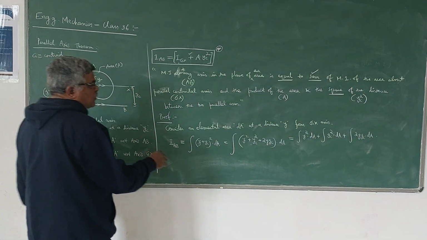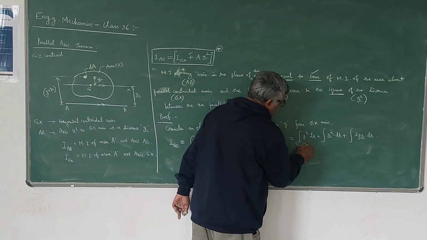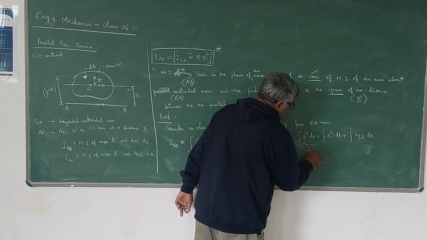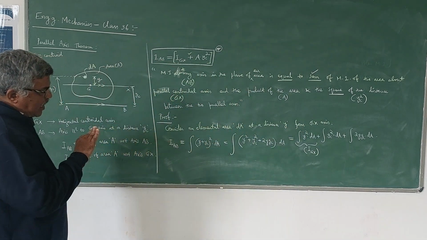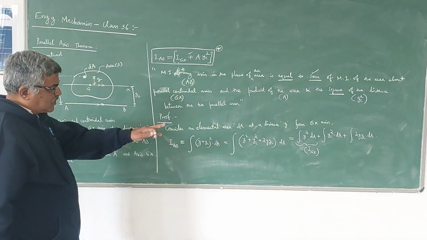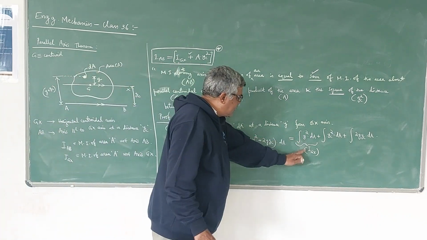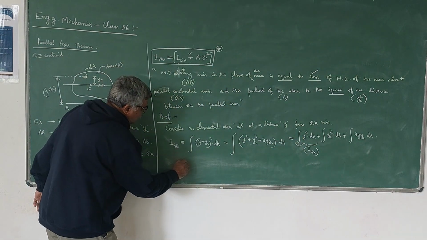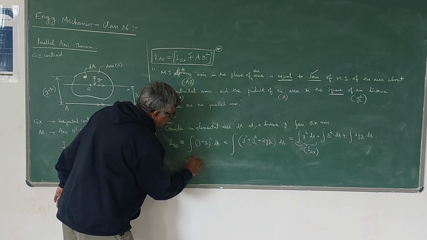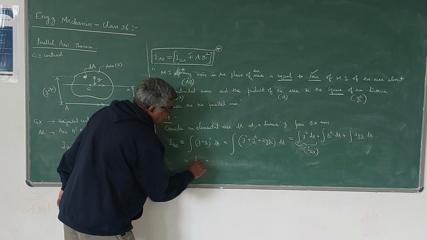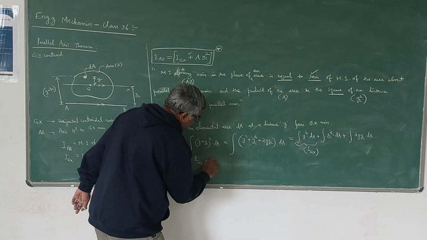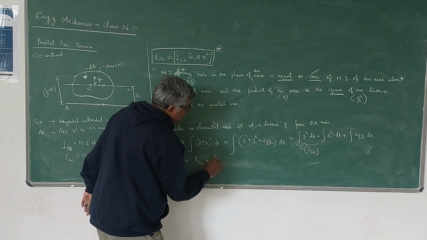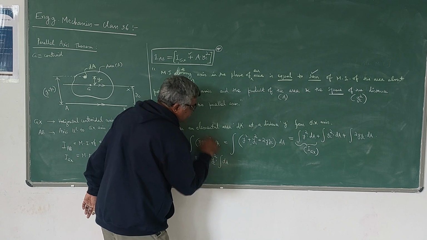Now integral y squared dA, according to the definition of moment of inertia, is IGX, because I have taken the horizontal axis as the central axis. So the first term becomes IGX. Plus, here yc is constant, so you can take it outside, so it becomes yc squared into integral dA.